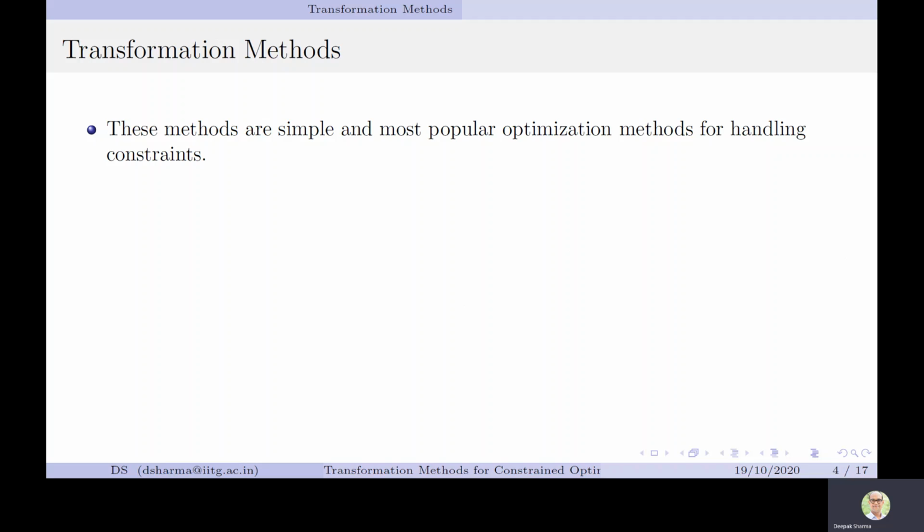These transformation methods are simple and the most popular optimization methods for handling constraints. For a given point, if any constraint is violated, the objective function is penalized.